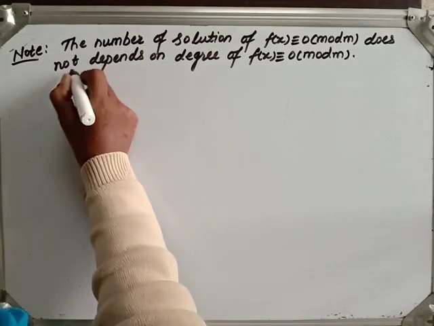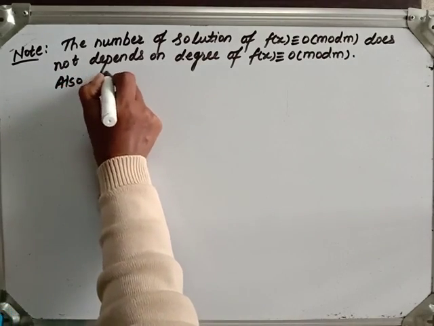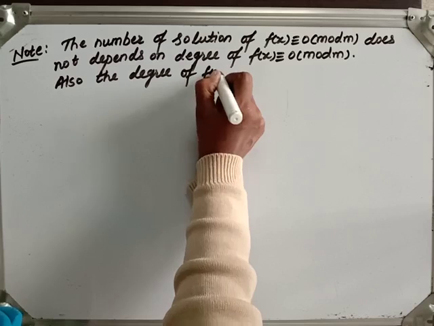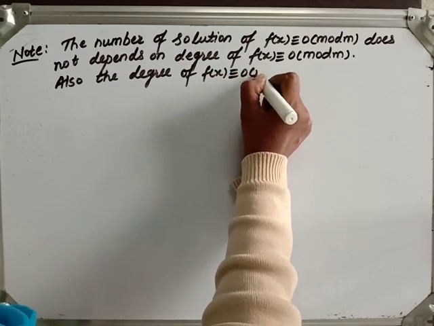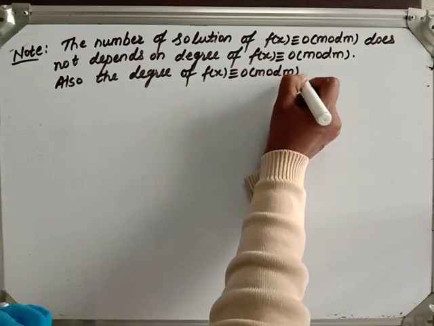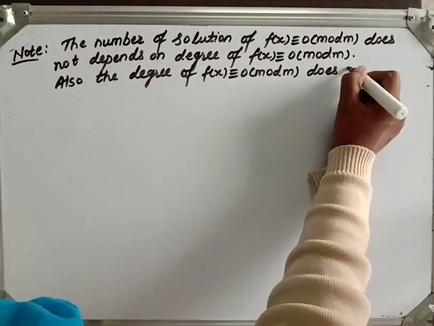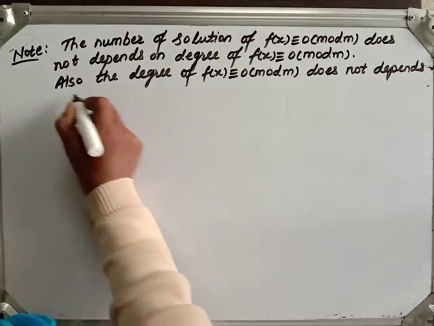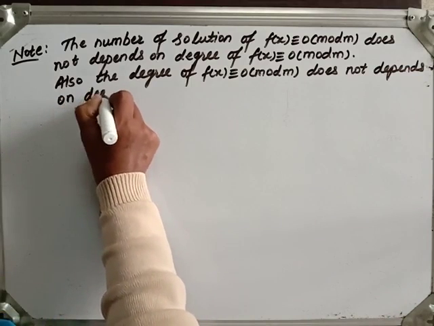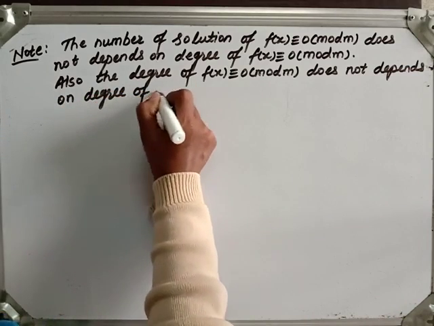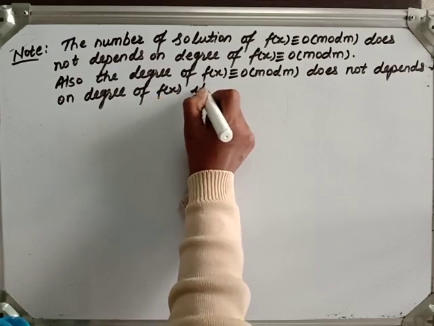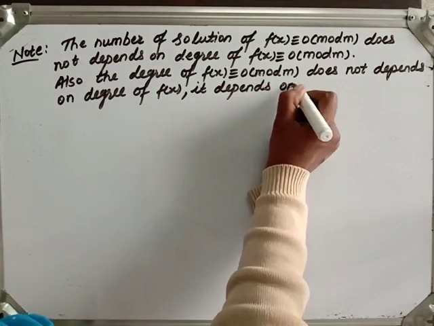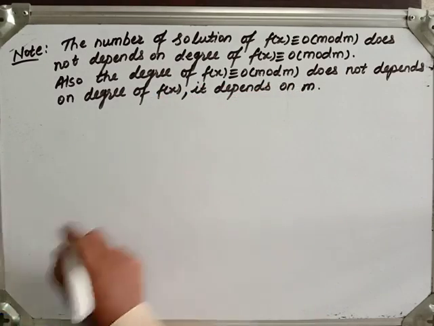Also, the degree of f of x congruent to 0 modulo m does not depend on the degree of f of x. It depends on the value of m.